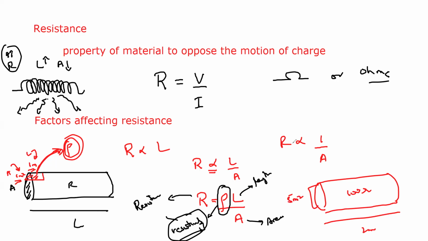But when you take out a section of this wire of length 1 meter and area 1 meter square, the resistance of this section is what we call resistivity. So every material has a unique resistivity at a specific temperature. Is the concept of resistivity clear?